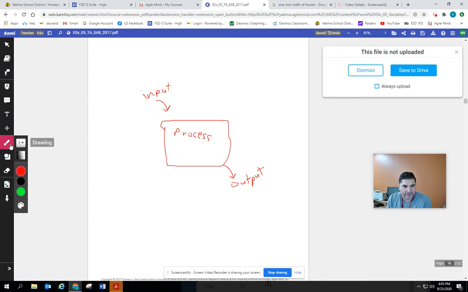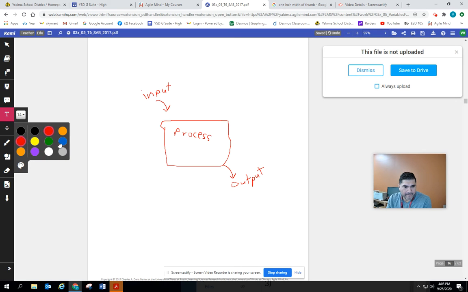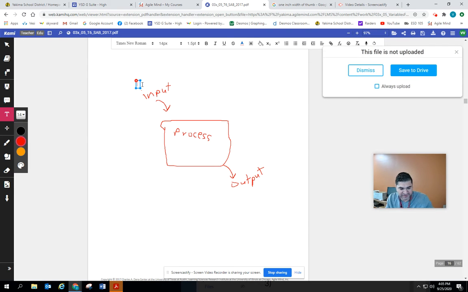Okay, I'm going to change this here. Another word for input or our variable, we normally call this x.